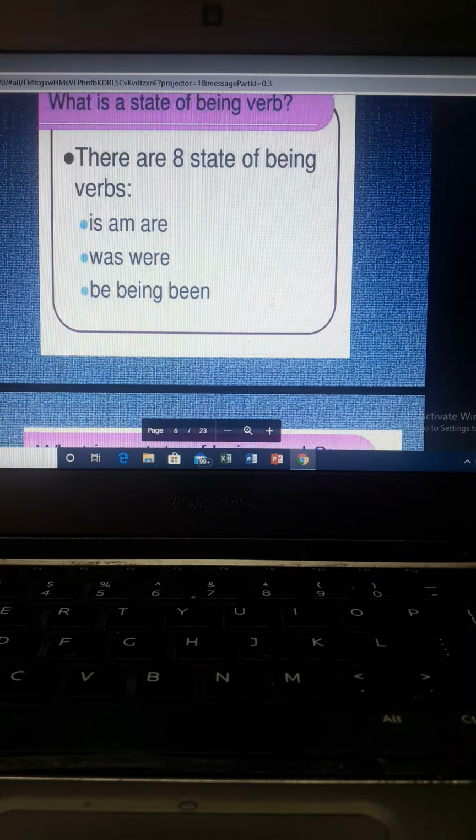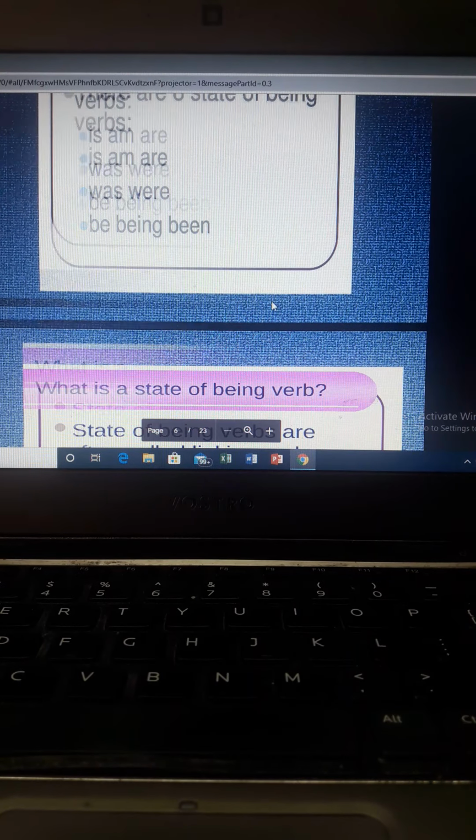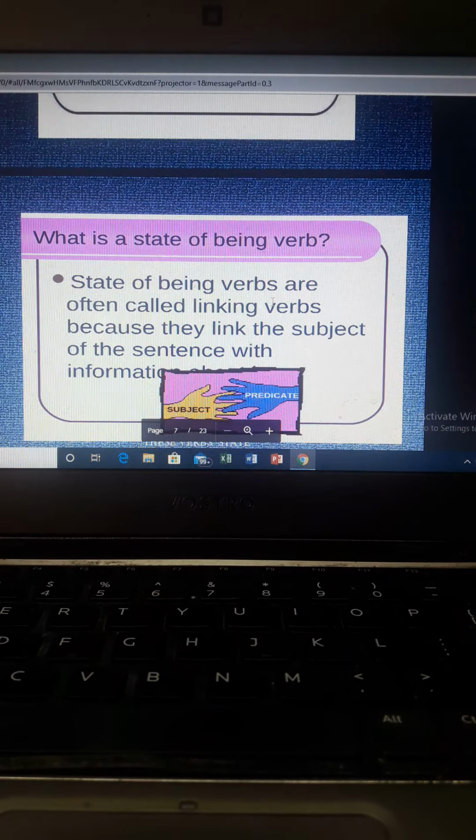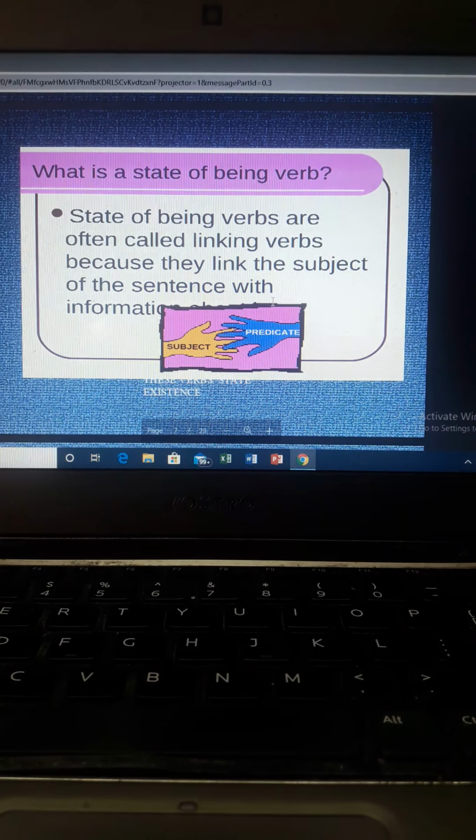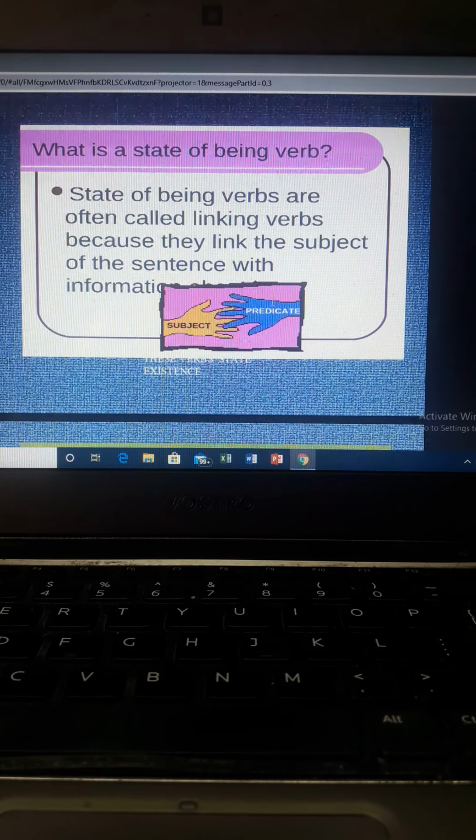Okay? Now, it is also called the linking verb. The verbs of being, that is, am, are, was, were, be, being, been, are all called linking words. Why linking words? Because they link the subject to the predicate. Right? For example, I am a student.